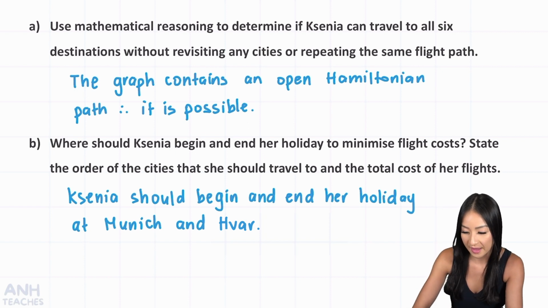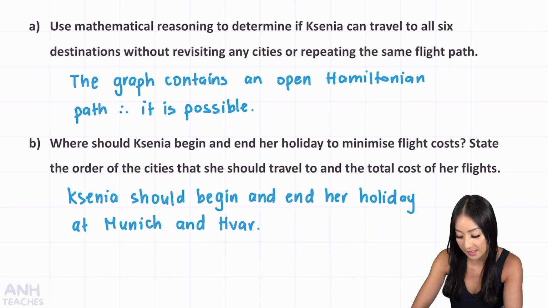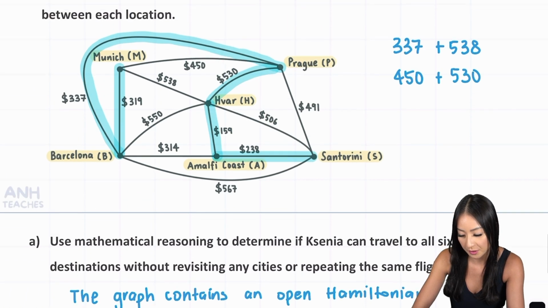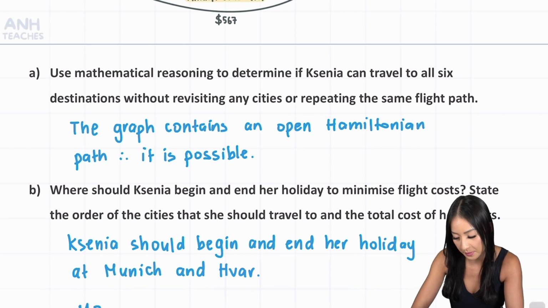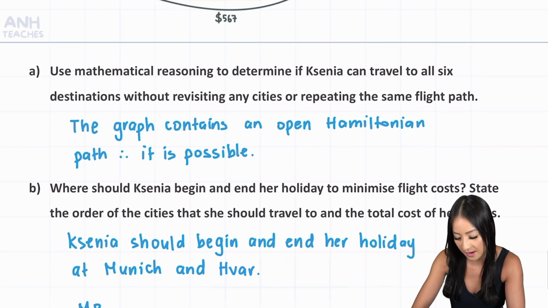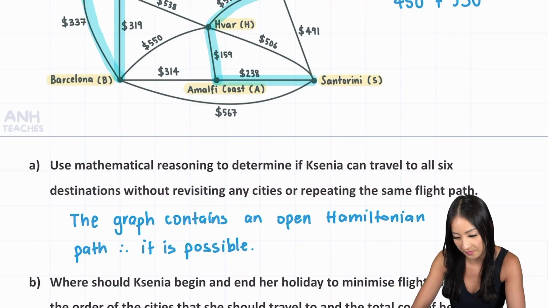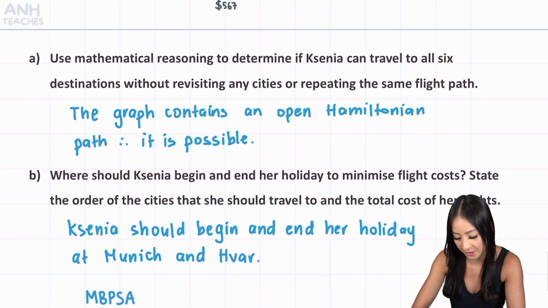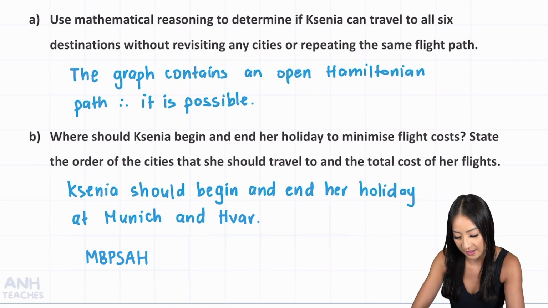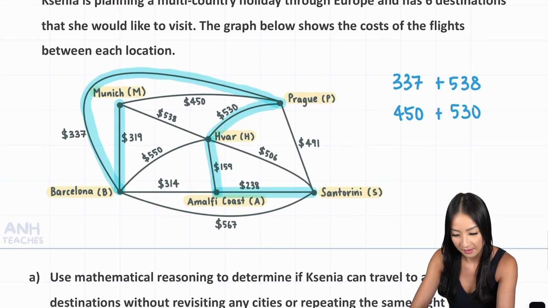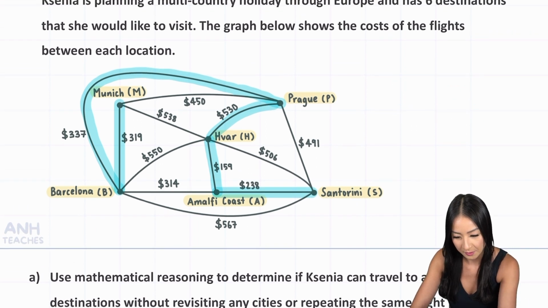Now I'm going to label that path. So I'll just start with Munich. We traveled to Barcelona, MB, then to Prague, Santorini, Amalfi Coast, Hvar. And the total cost of that, let's add all this up.